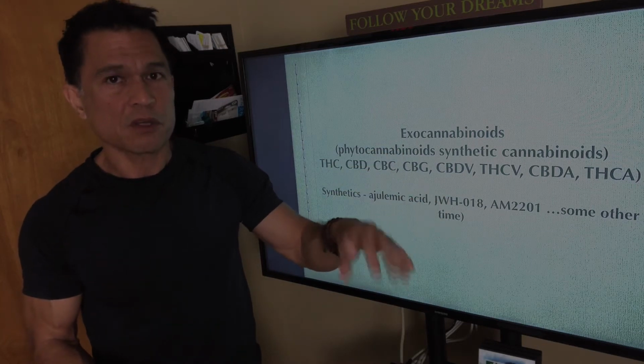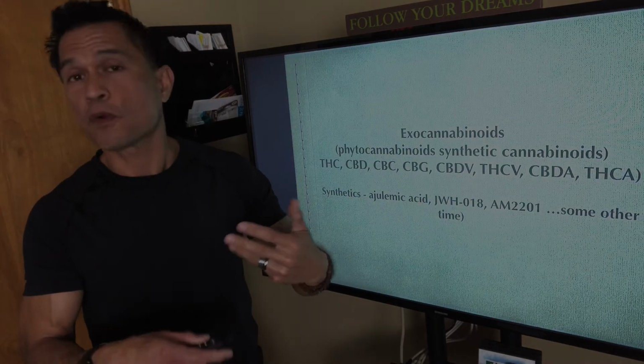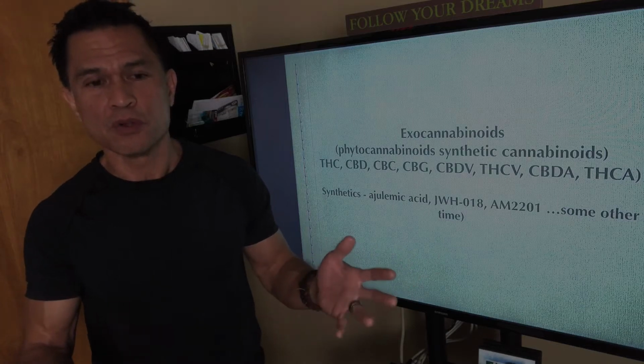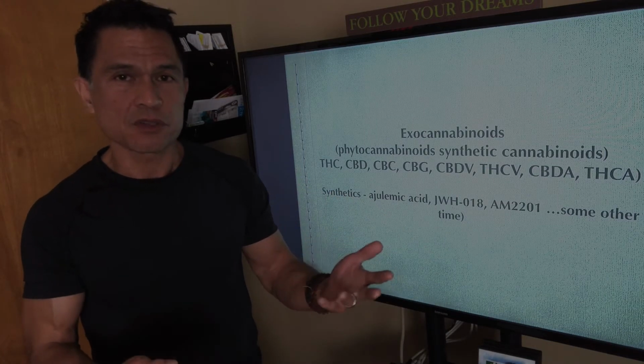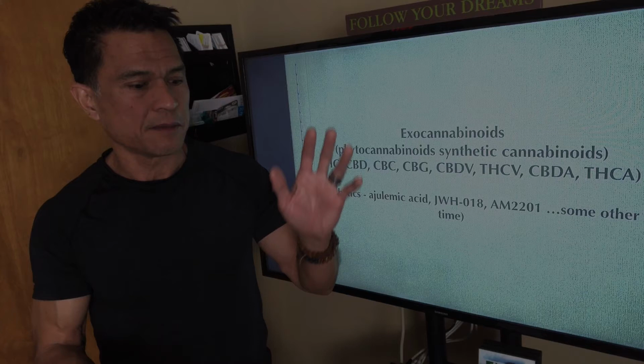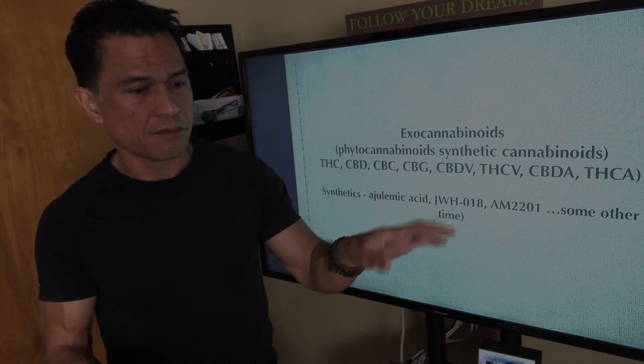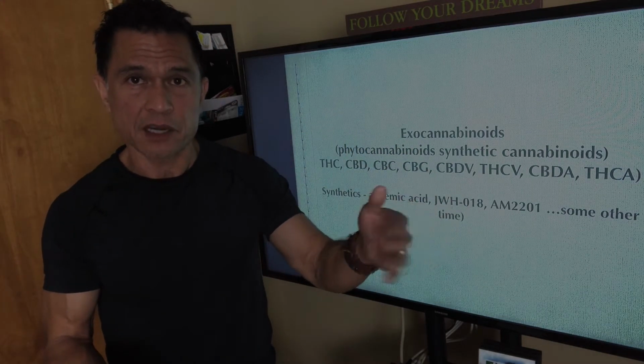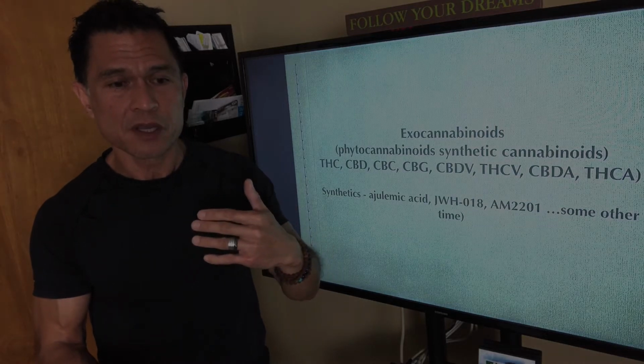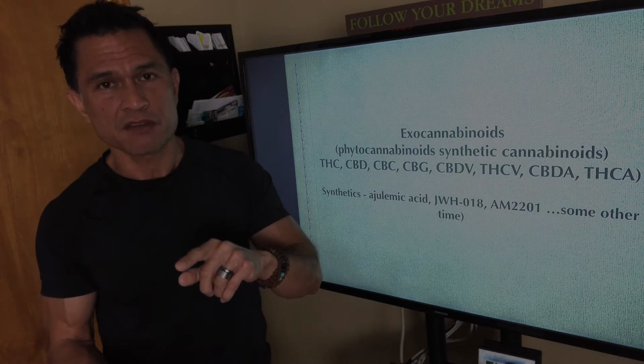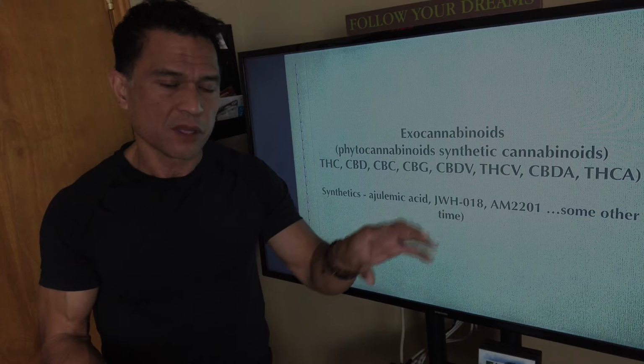So if you smoke the flower, great, but you have an overwhelming amount of uncontrollable ligands from the plant that are in your body at the same time. So the chance is higher that you're going to have a side effect. Ligands come from the plant.